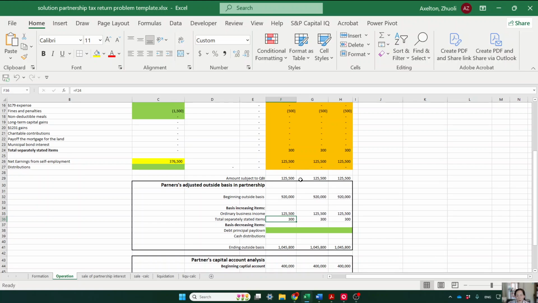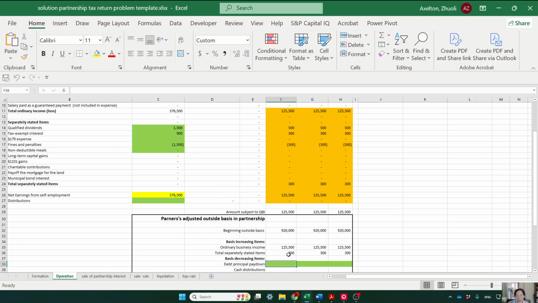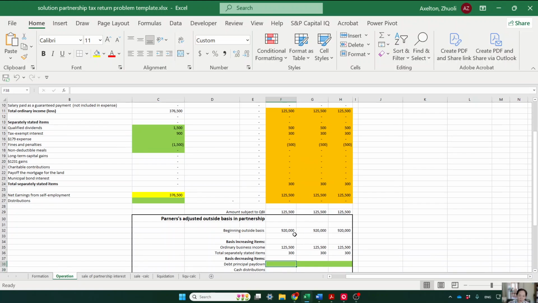So that's where people will say, okay, why do I need to include the non-deductible expense and the tax exempt interest into the outside basis? The reason is that the partner's outside basis in the partnership interest really represents the economic value of the investment in the partnership, and whether the expense or the income is taxable or not will affect the partner's individual income tax reporting.